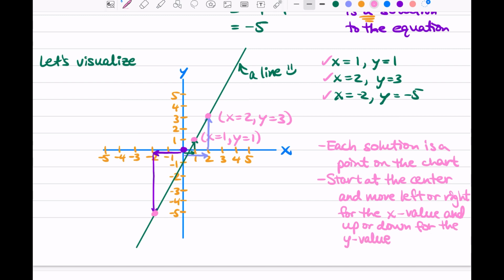And that's how we plot these solutions on this chart. And we can draw a line through them.